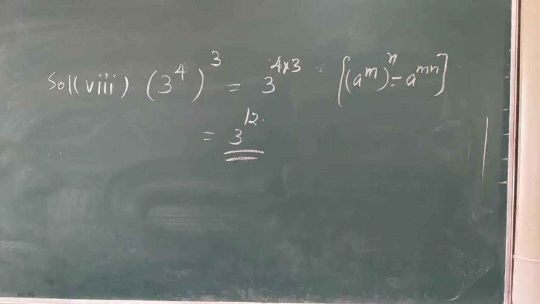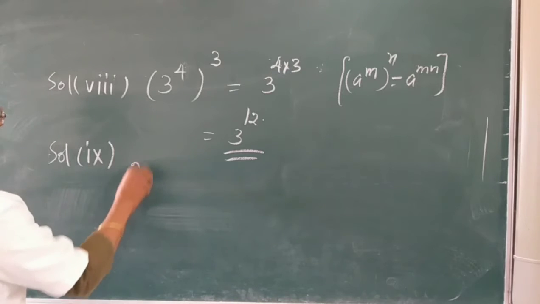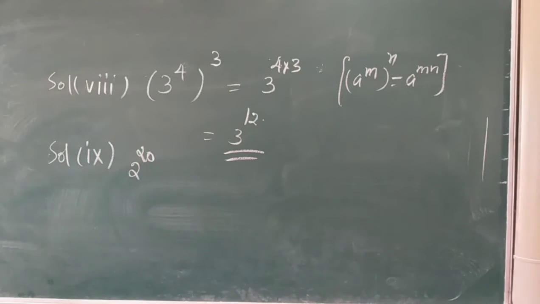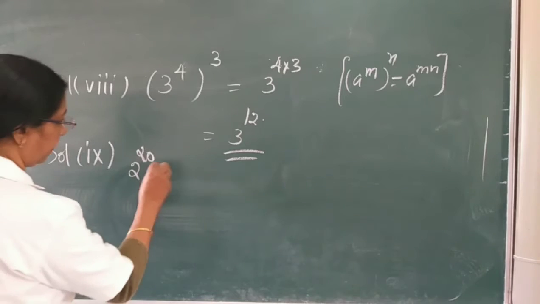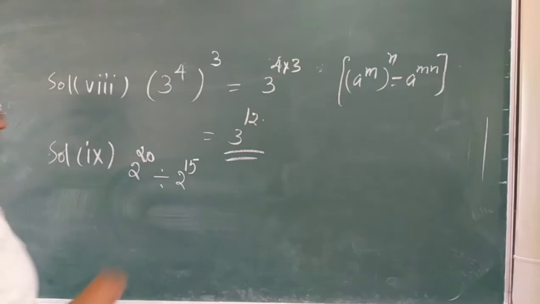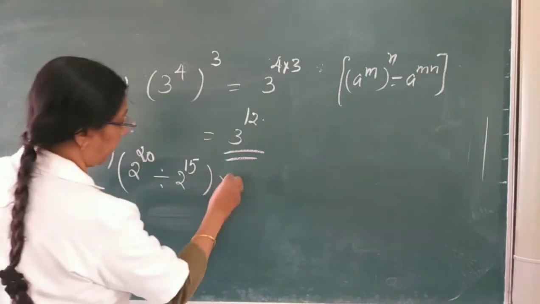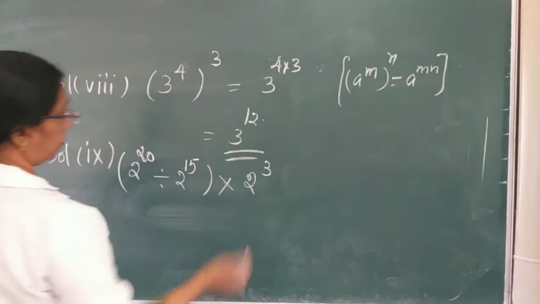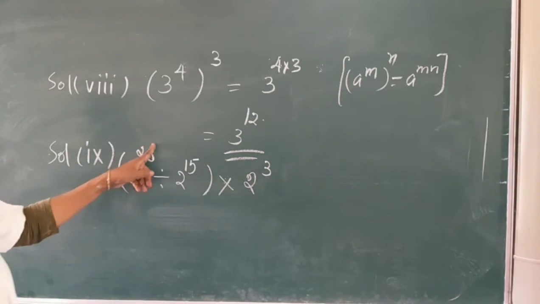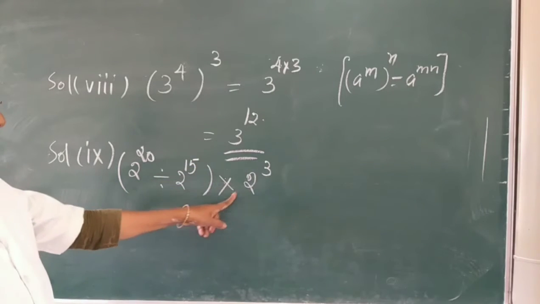Now solution 9, the last one. Question is 2 raised to 20 divided by 2 raised to 15 into 2 raised to 3.